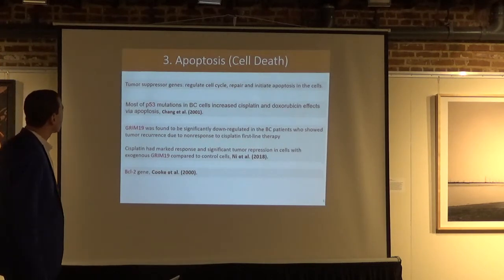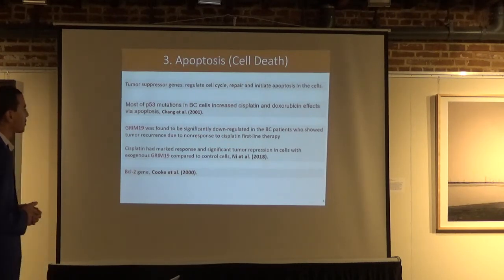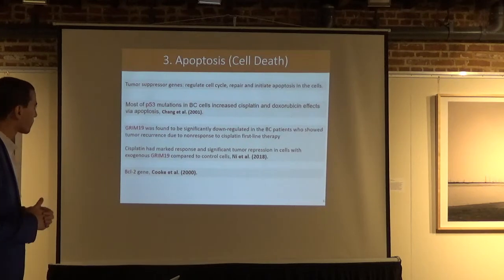And here are some examples: P53 and GRIM19 were found to be significantly downregulated in bladder cancer patients who showed tumor recurrence due to non-response to cisplatin first-line therapy. Also, there are many examples in the literature, such as BCL2G.